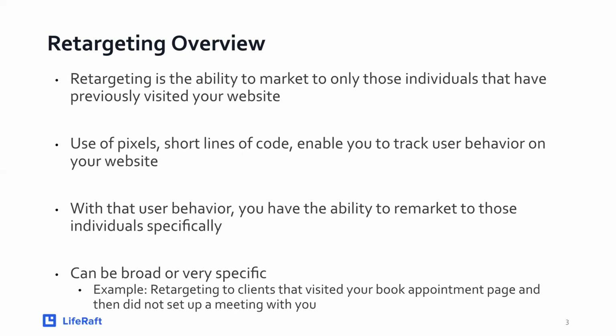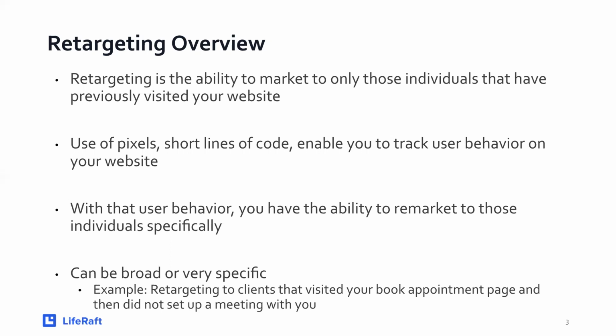And the nice thing about a pixel is, although the code can feel complicated and overwhelming, it's pretty short. And that way as well, you don't actually have to get somebody's email address to be able to retarget them, right? A pixel, in conjunction with something called cookies, essentially means every time that I visit a website, a cookie gets dropped, right? So my user profile on your website is going to have a cookie that helps identify me individually without having any of my contact information.